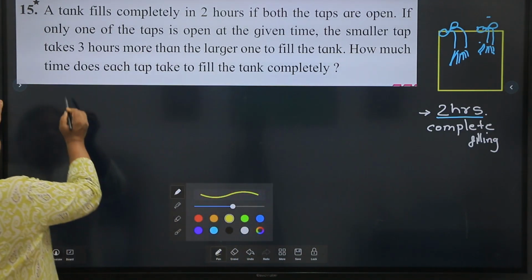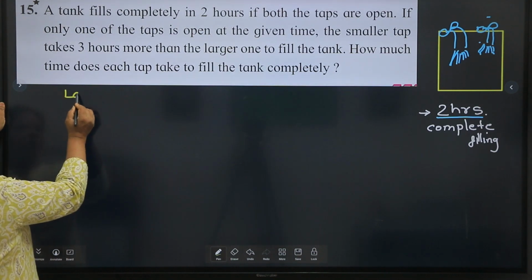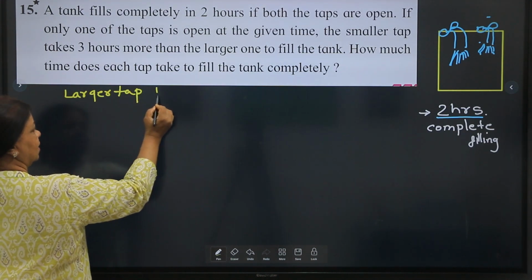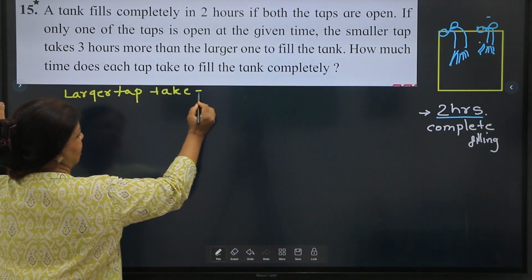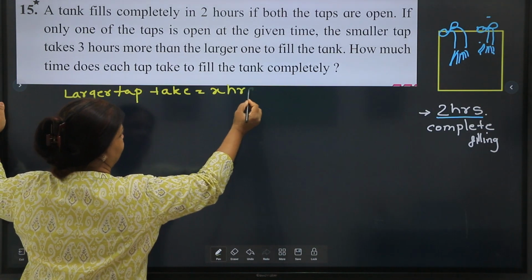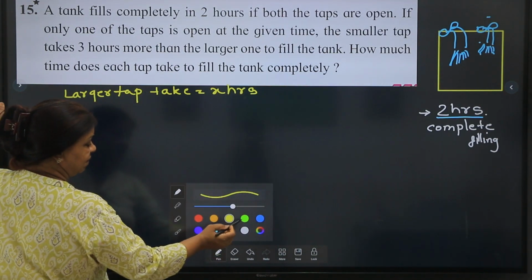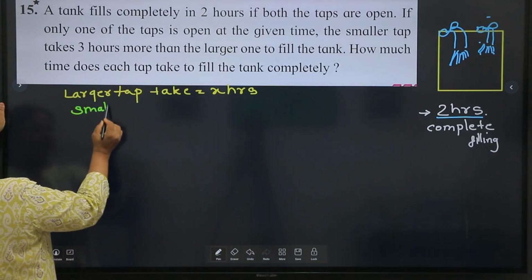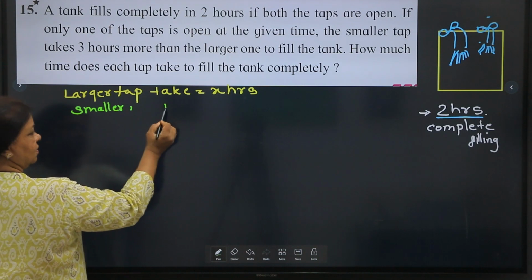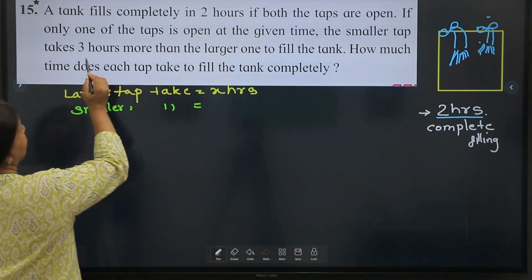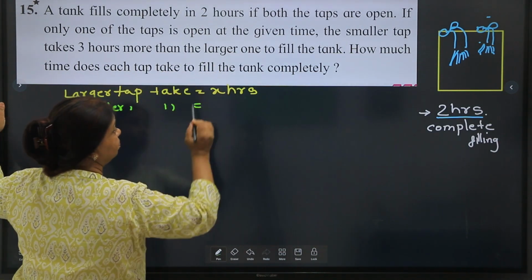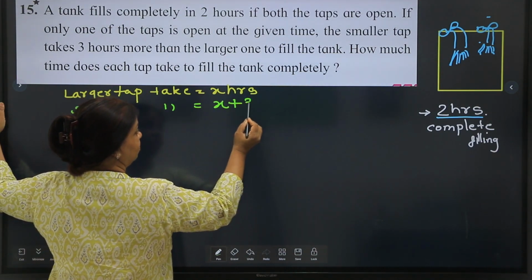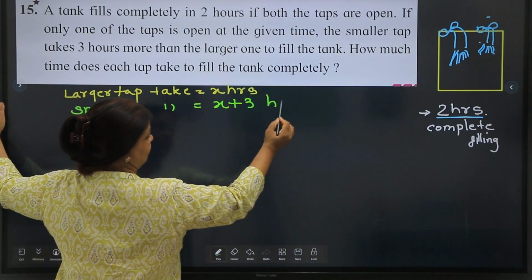Suppose larger tap takes x hours. So what will be the time taken by the smaller tap? Smaller tap will take 3 hours more than the larger tap. So the time taken by the smaller tap will be x plus 3 hours.